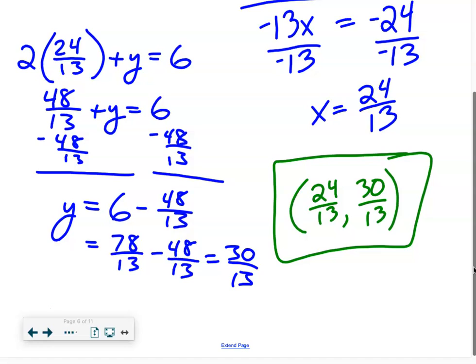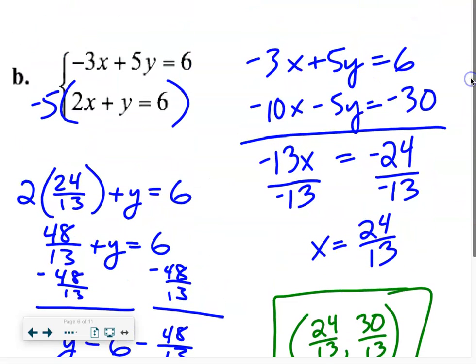So it should be 2 4/13. I got to the step where I plugged it in, and then it's like -72/13 plus 5y equals 6.